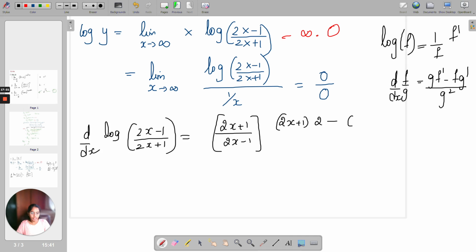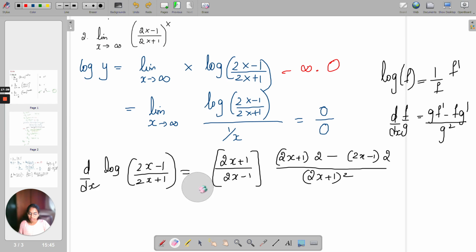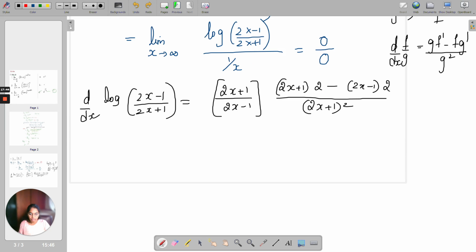Minus, write down f as it is, okay? And the differentiation of 2x plus 1 is 2, right? So divided by, I would get 2x plus 1 the whole square. So yes, as you can see, we can take 2 common here, right? Let me do that.